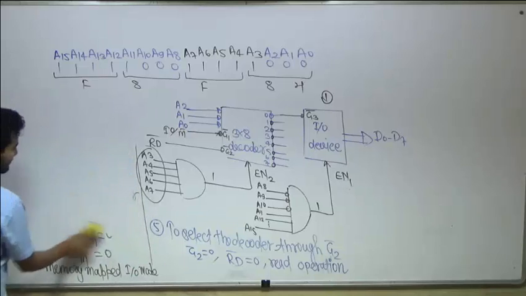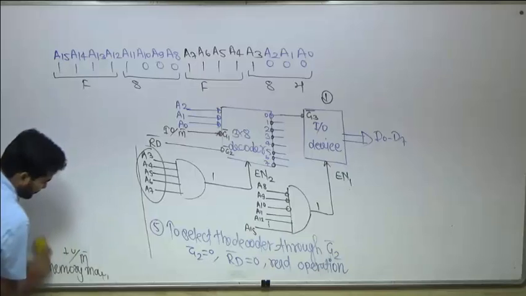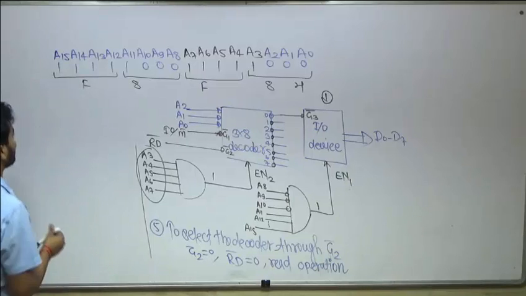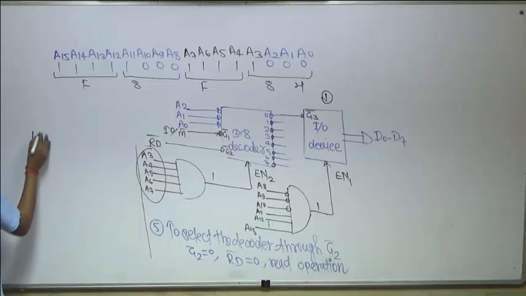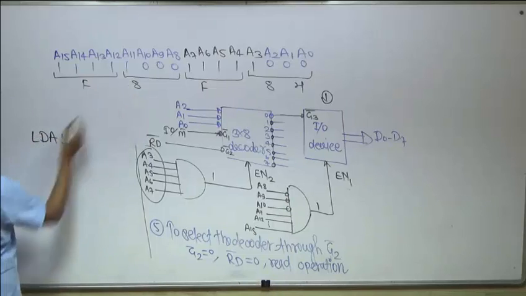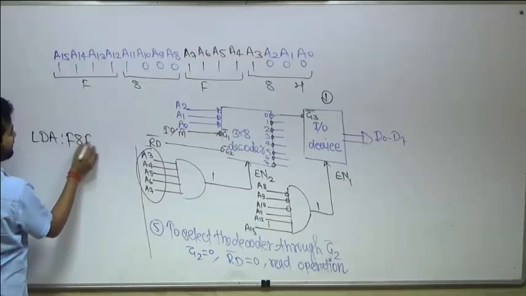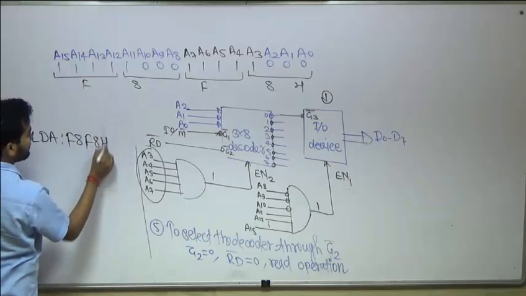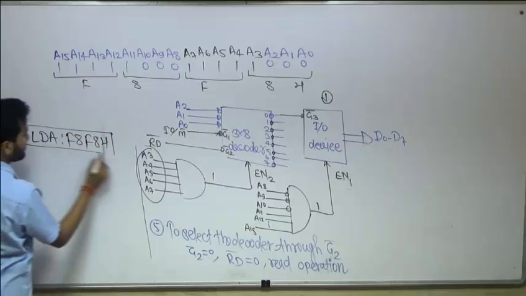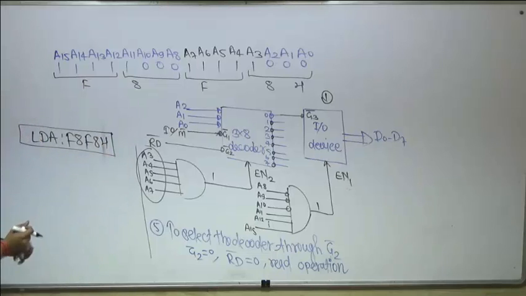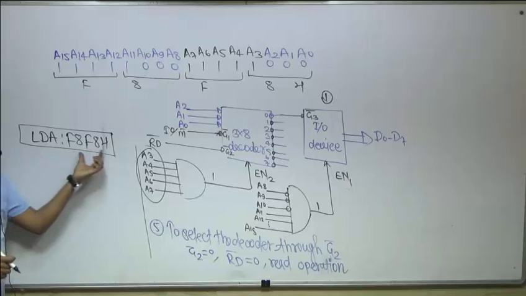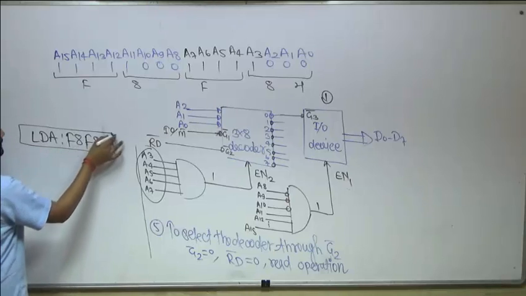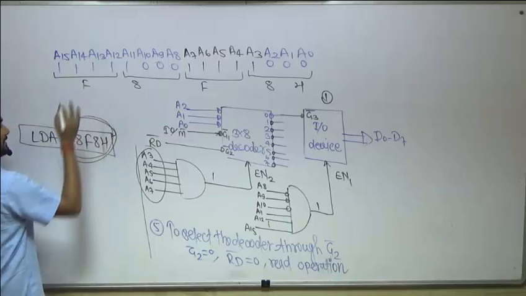So the correct instruction for data transfer is load accumulator with the 16-bit address F8F8H. This is the correct instruction for data transfer. This means load the accumulator with the data stored at this address.